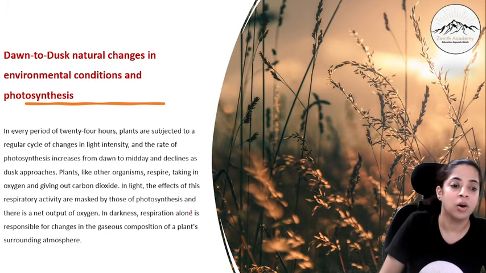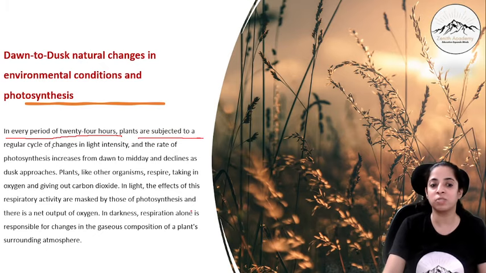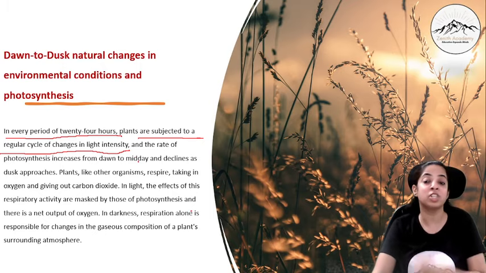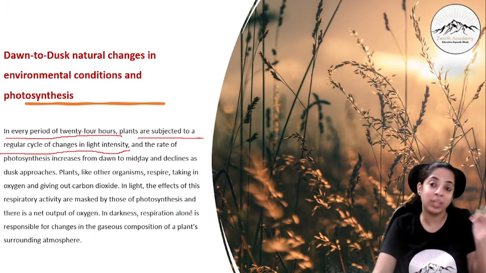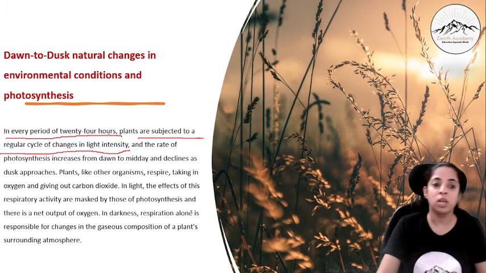Okay, now in every period of 24 hours, plants are subjected to a regular cycle of changes in light intensity. है ना? Afternoon में the light intensity is so high. In the morning it is slightly less. In the night it is almost zero.